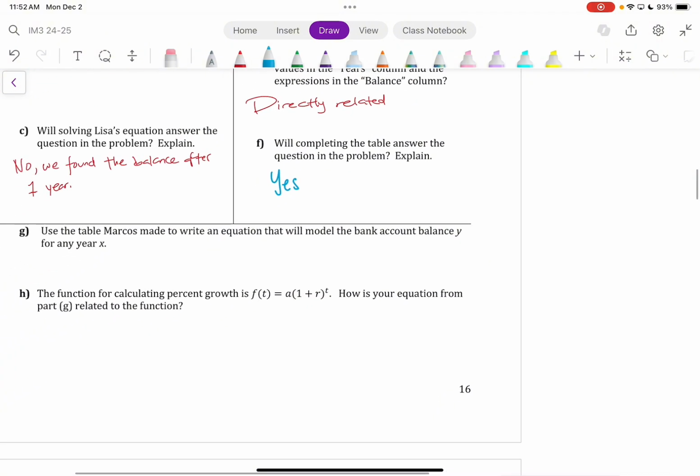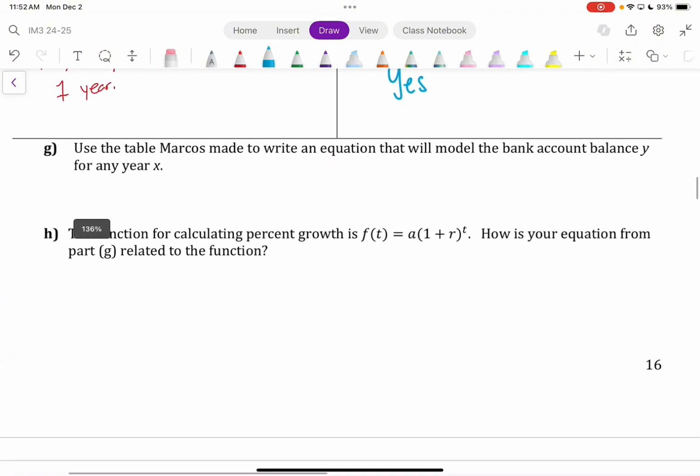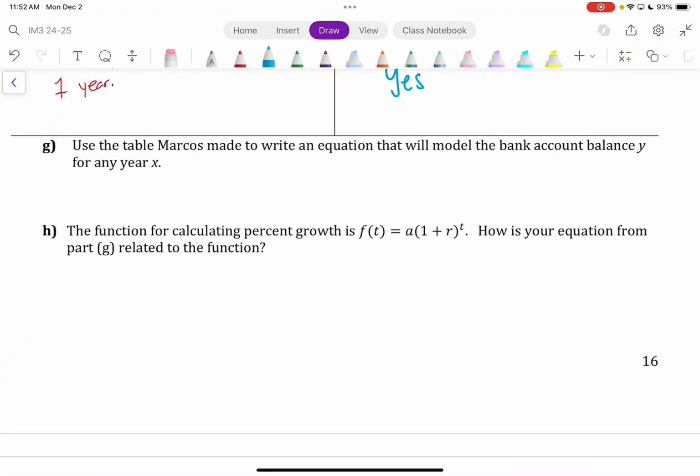Now, look at the next question, the next prompt. Use the table Marco's made to write an equation that will model the bank account balance for any year. We start with $300, and it becomes apparent that we always are multiplying by 1.02.